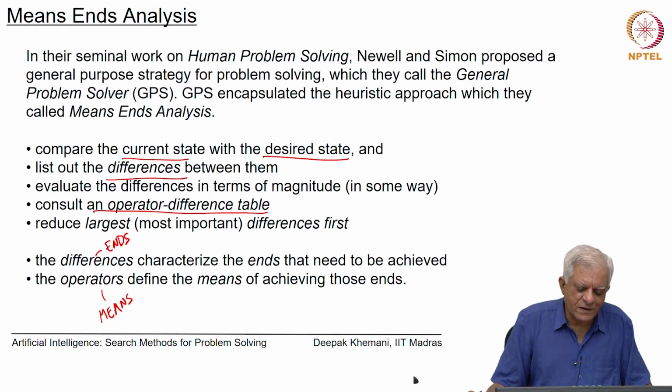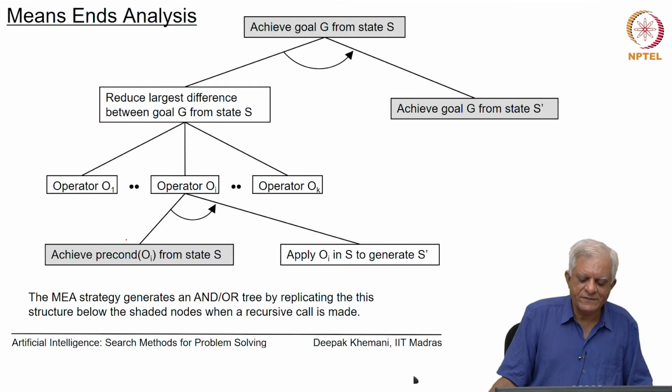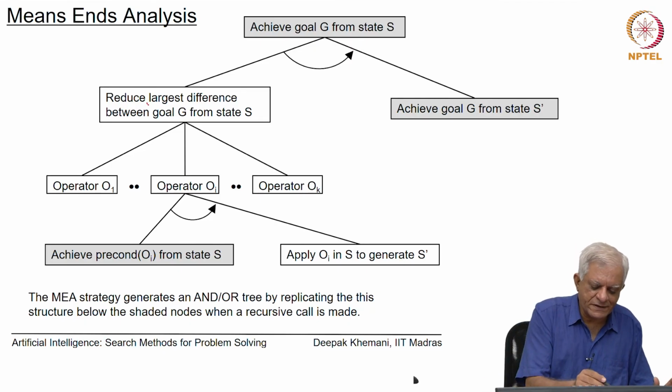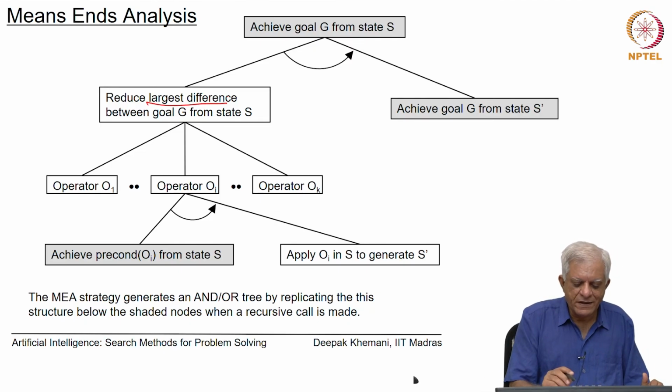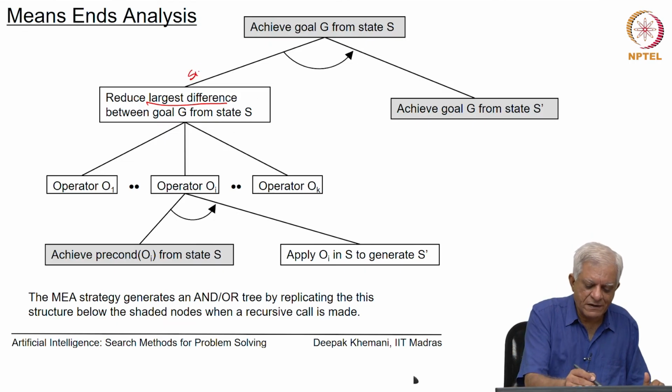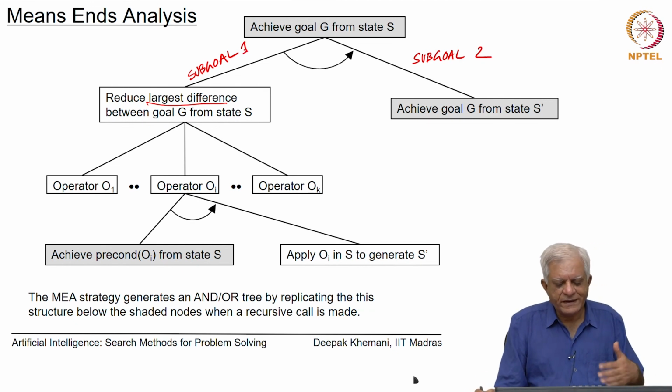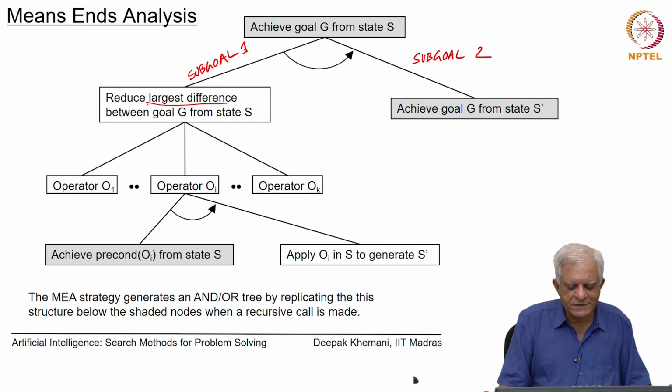And you might recall that we had also looked at this diagram, which says that if you want to achieve a goal G from a state S, then you reduce the largest difference, which is a sub goal that you are solving. So, you solve that sub goal 1, and then you move to sub goal 2. So, let us call this sub goal 1 and 2, and it has the same flavor of problem decomposition, that you address one part of the problem, solve it, and then come back to the remaining parts of the problem.